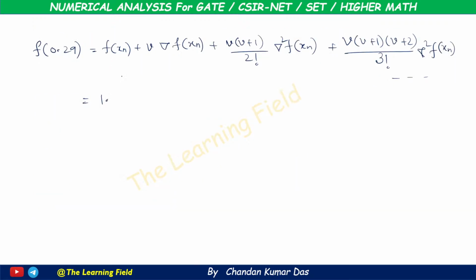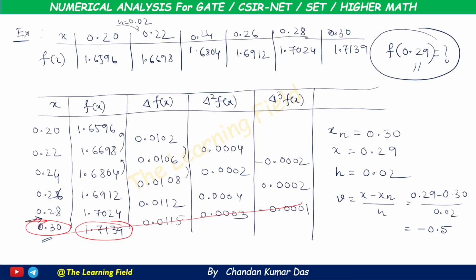So 1.7139 plus v, which means minus 0.5, into delta f of xn, which means 0.0115. This one is the delta f xn, delta square f xn, delta cube f xn.